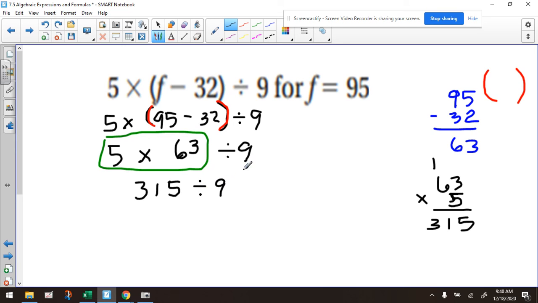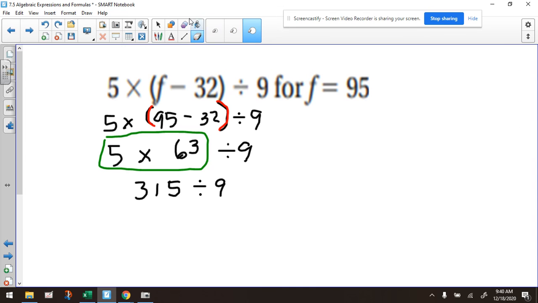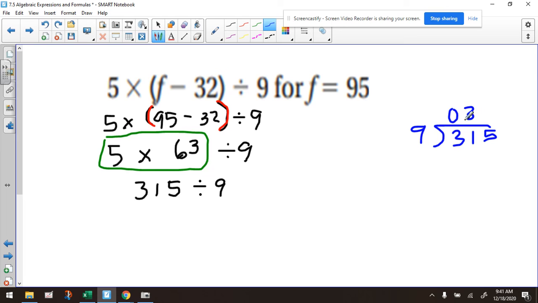All right, now this is certainly not mental math, so that would require a computation off to the side. So if we do the algorithm for that, that's going to be 315 divided by 9. 9 will not go into 3, but it will go into 31. Let's go 3 times. 9 times 3 is 27. Subtract. Can't take 7 away from 1, so let's rename.